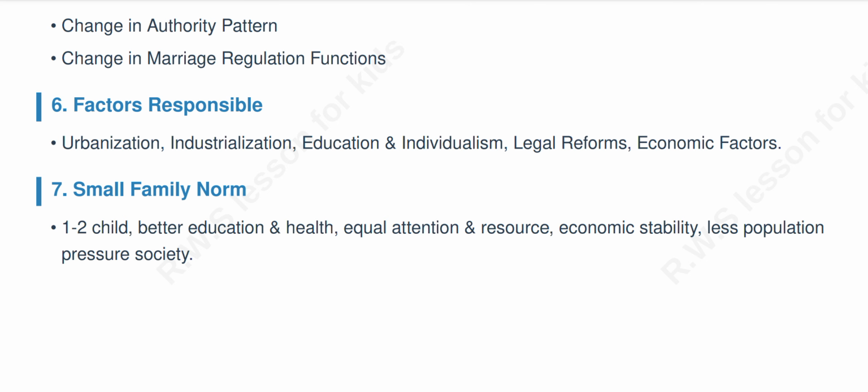Now the last one, let me tell you once. Urbanization and industrialization means people are moving from rural areas to urban areas for better education and better jobs. Then the legal reforms: like I told, Hindu-Muslim marriage was not allowed before, but now it's accepted legally.